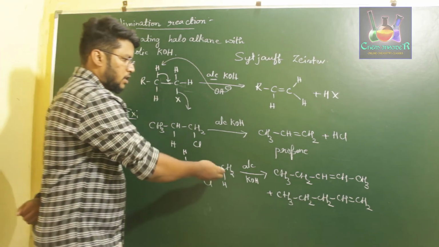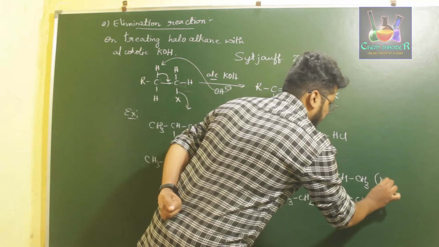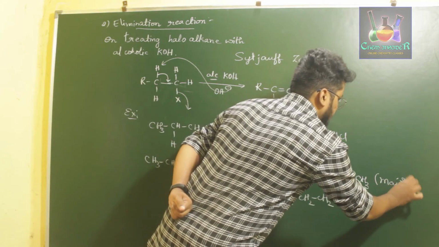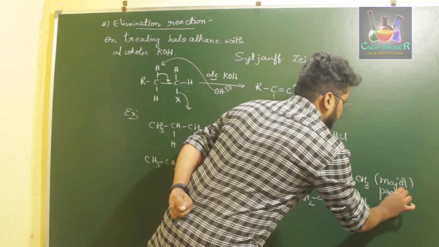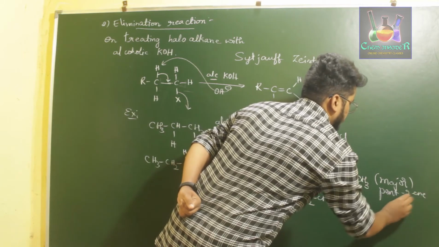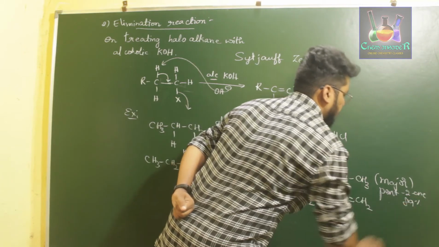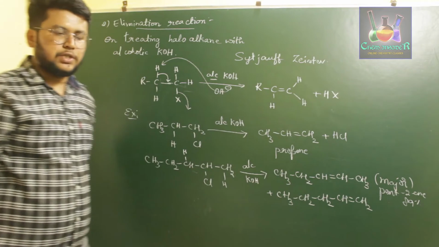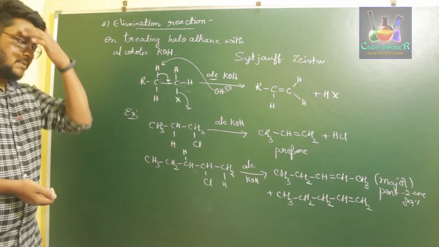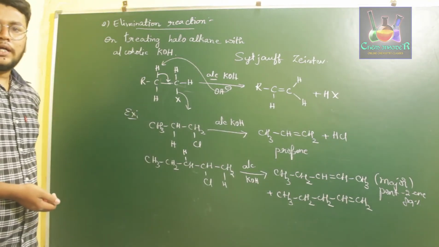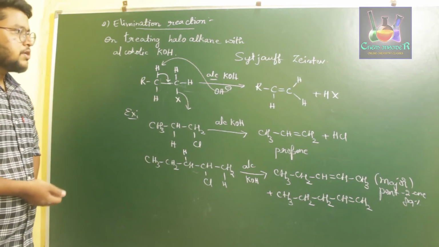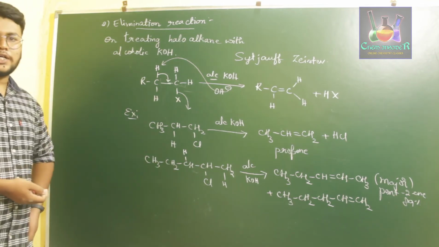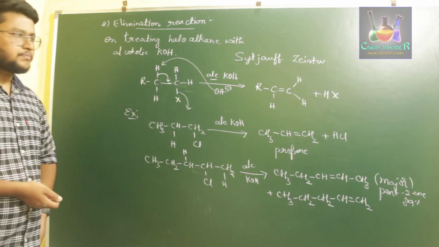So in this condition we consider this product as major, that is pent-2-ene, which is around 89% of the total product composition. So pent-2-ene is the major compound which is formed for about 89%. Okay, so this is about elimination reactions of haloalkane.